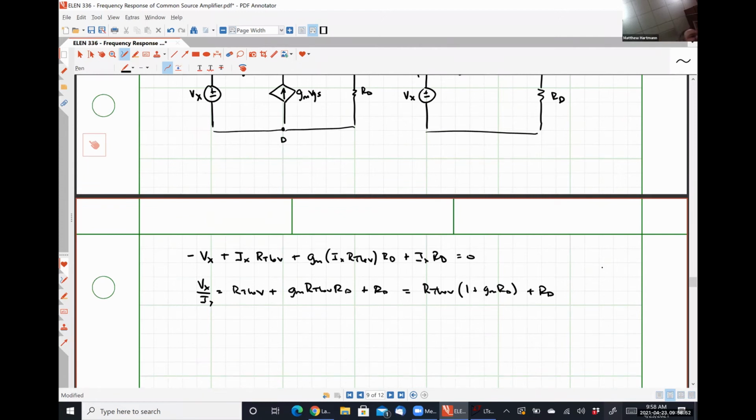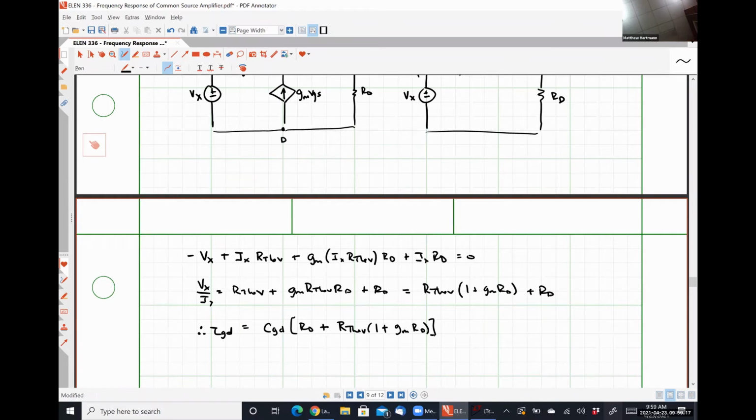And thus, our time constant tau GD is CGD times RD plus R thev times 1 plus Gm RD.